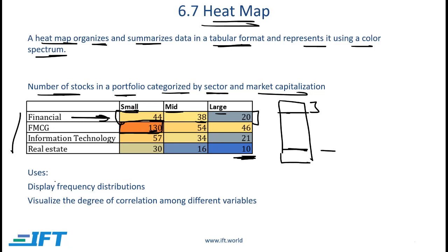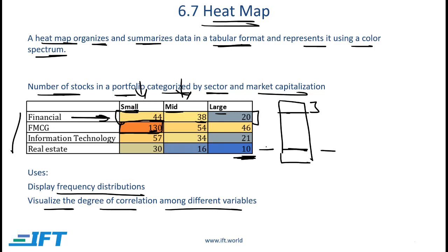There are multiple uses. One is to display frequency distributions. So when we look at red, we know automatically that the number is bigger over here. And we can also visualize the degree of correlation among different variables. So if we have two columns like this, where the colors are similar, that would imply that the degree of correlation is high.